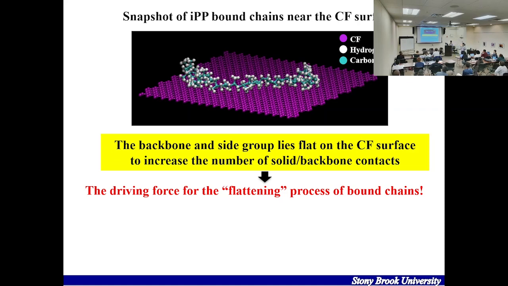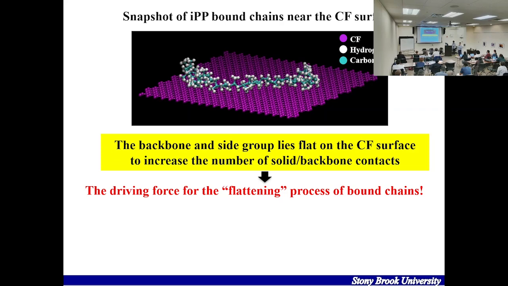But at the same time, the polymer chain gains interaction by having contact with the carbon surface. Each contact has most likely a kBT energy, so if you have more contacts, they gain more interaction. As a result, the interaction gain is greater than the entropic loss. So that's what we believe makes this structure stable at the filler surface.